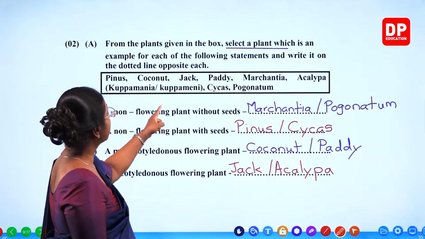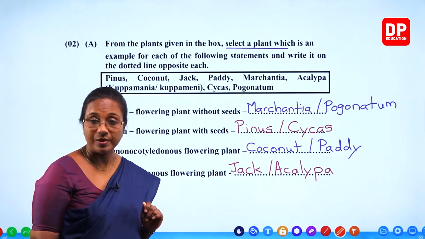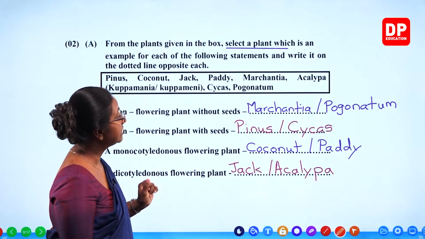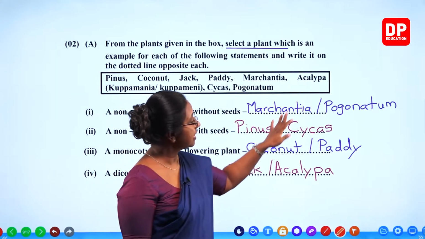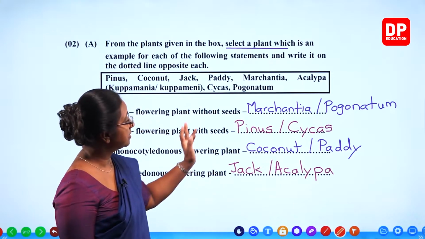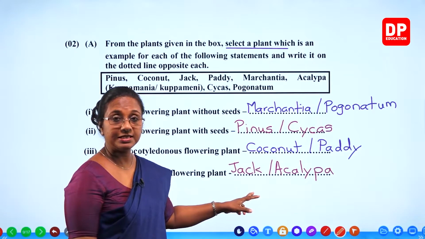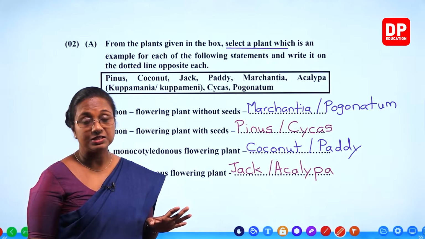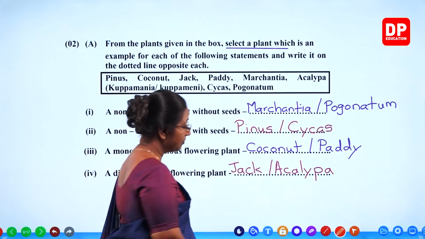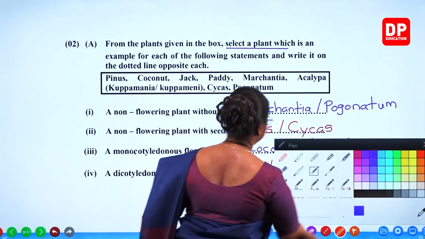Since they have given the other two names, you can write them as well, or you can just write Acalypha. Is that okay? I have given all the possible answers, two plants each. You need to write one plant for each one. Is that clear, students?